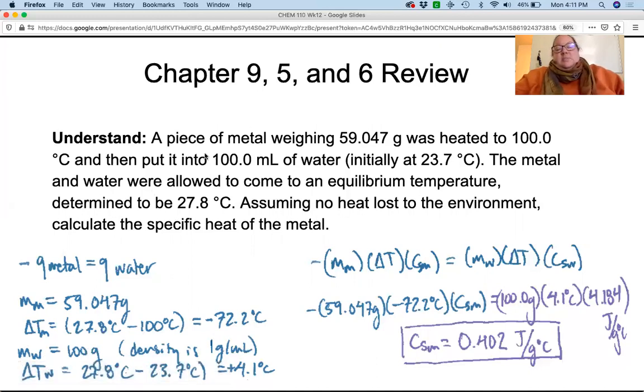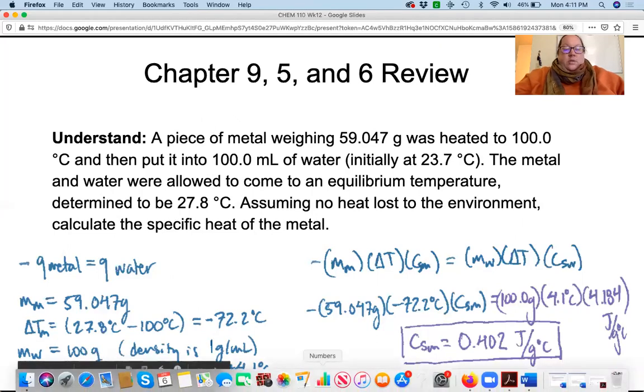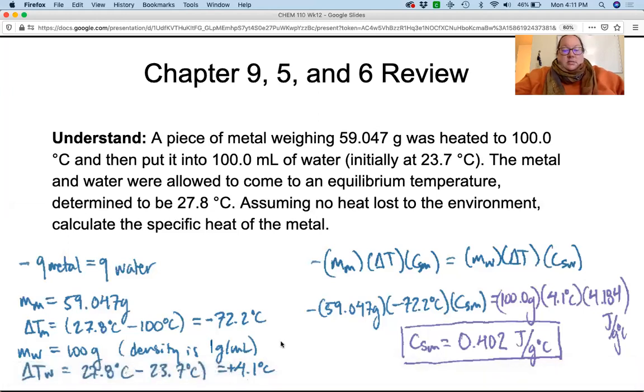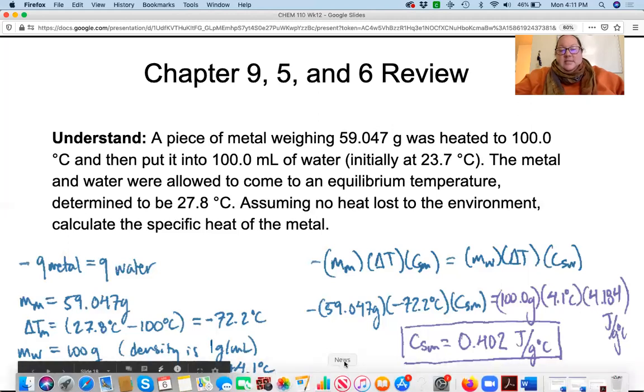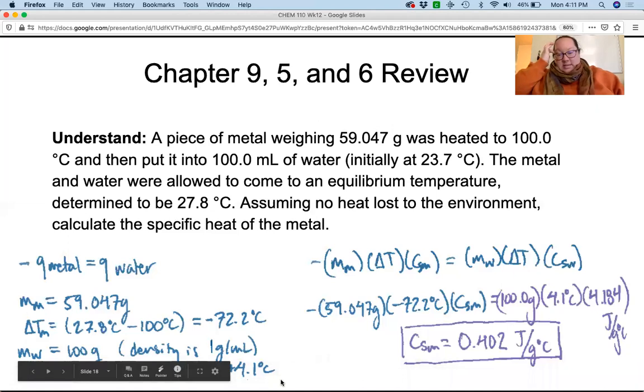The reason we know that is because the density of water is always 1 gram per milliliter. So if I have 100 milliliters, then I have 100 grams of my water. The change in temperature for the water is 27.8 degrees Celsius minus 23.7 degrees Celsius, or positive 4.1 degrees Celsius.